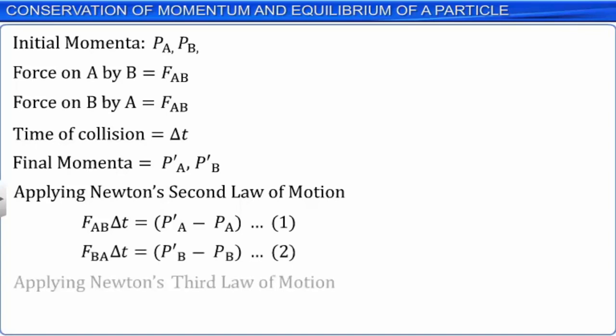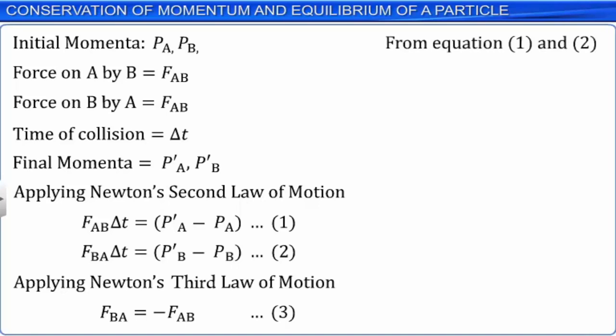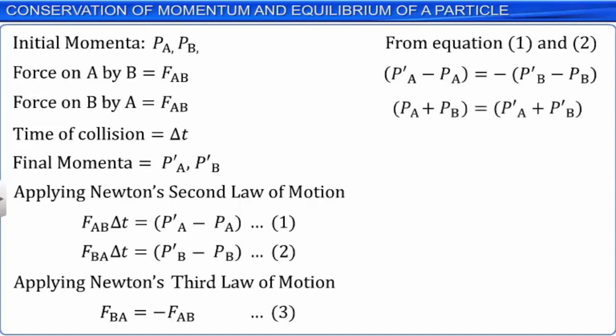Applying Newton's third law of motion, we get FBA is equal to minus FAB. Substituting the values from equations 1 and 2 in equation 3 and resolving, we get PA plus PB is equal to P-A plus P-B.